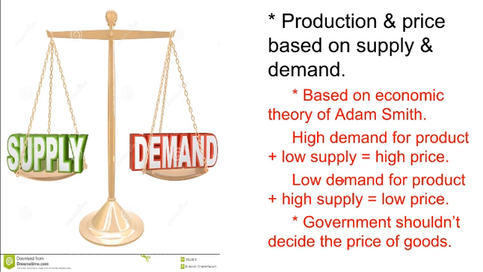Now, the reverse is also true. And we see this in world history when it comes to stuff like sugar and tobacco and cotton, where there's going to be an extreme demand. People are going to get addicted to these luxury goods, and there's not going to be enough supply, so they're going to cost a whole bunch of money.